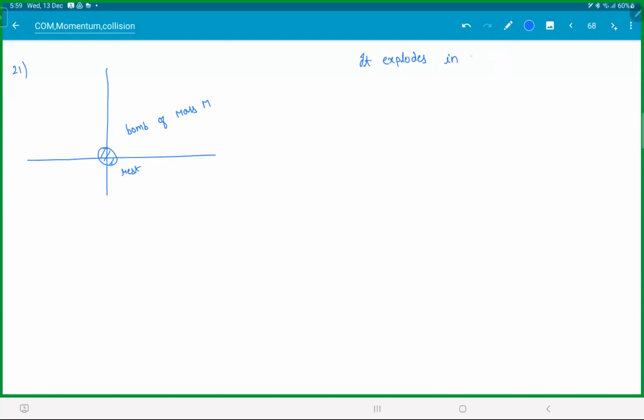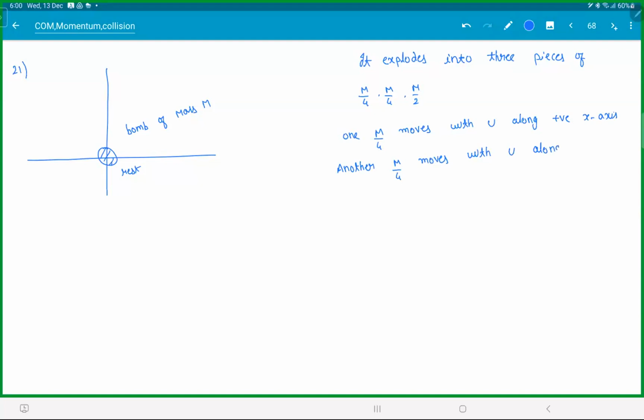It explodes into three pieces of m/4, m/4, and m/2. When one m/4 moves with u along the x-axis, another m/4 moves with u along the positive y-axis. Find the velocity of m/2 and the energy released in the explosion.